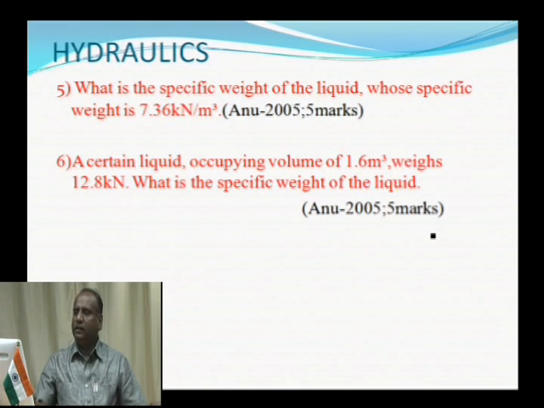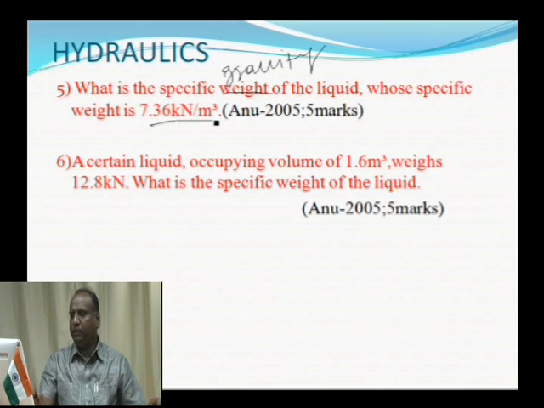Next, these are the problems. Now, you can take down problems 5 and 6 and work them out in your homes. Problem number 5 is: what is the specific gravity of the liquid whose specific weight is 7.36 kilonewton per meter cube.